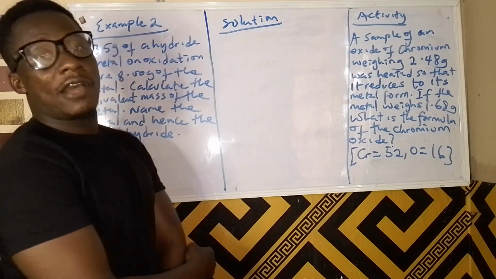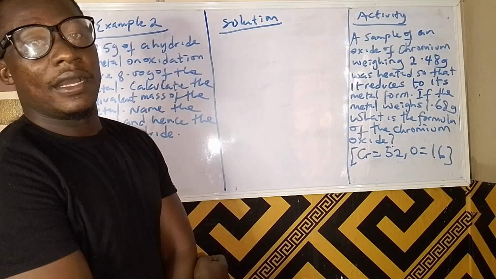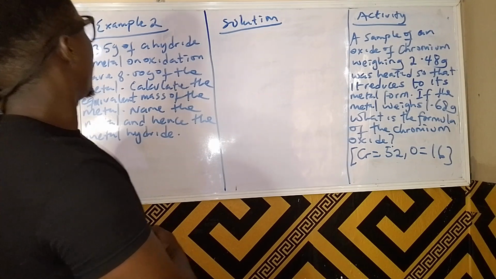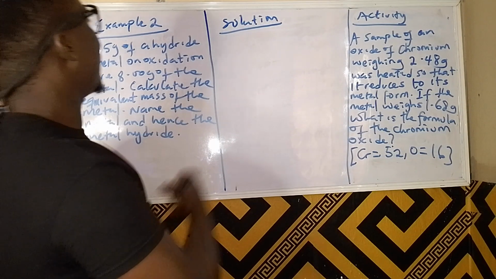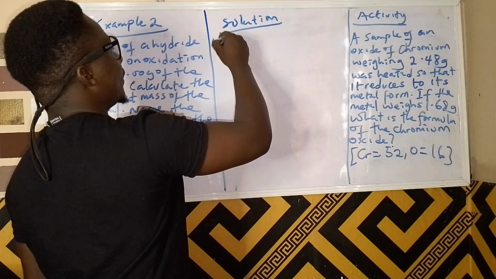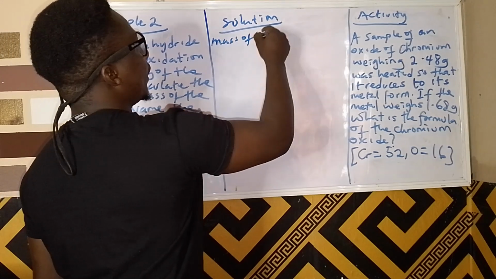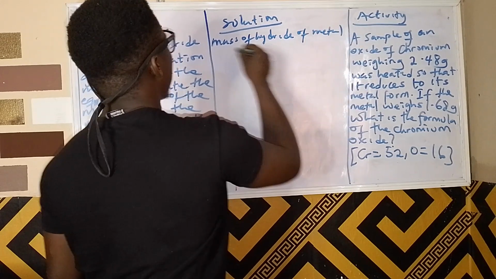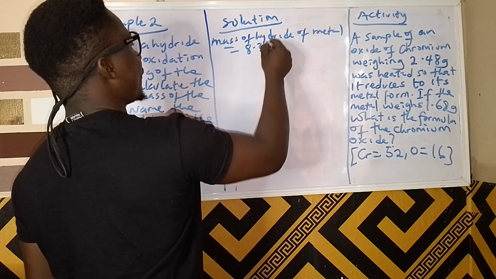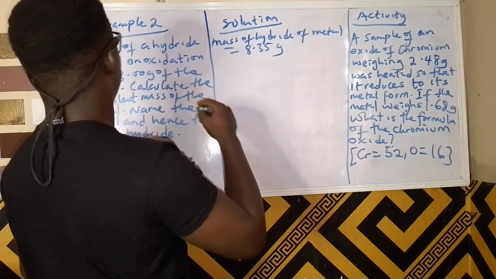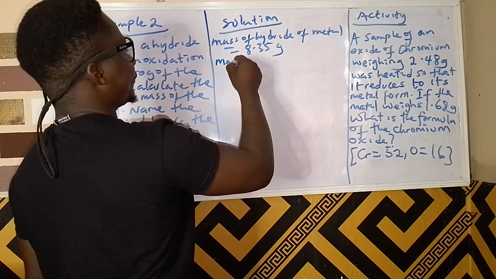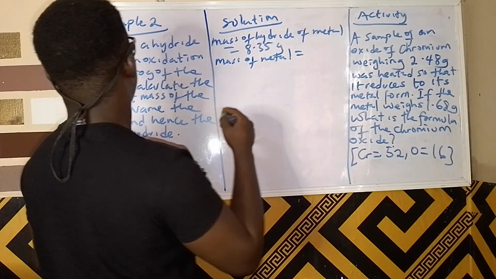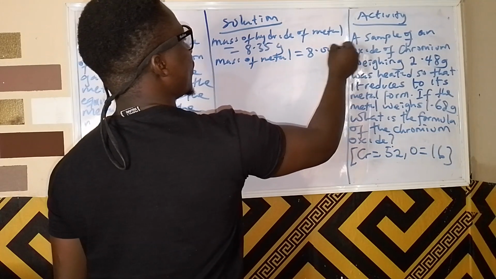Now, this is how we solve a problem like this. First and foremost, we need to look for the mass of hydride of metal. The mass of hydride of metal is equal to 8.35 gram, and the mass of metal is equal to 8.00 gram.